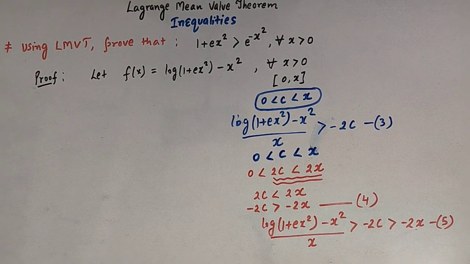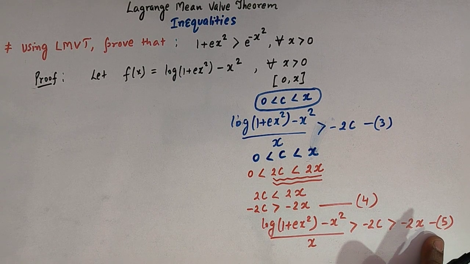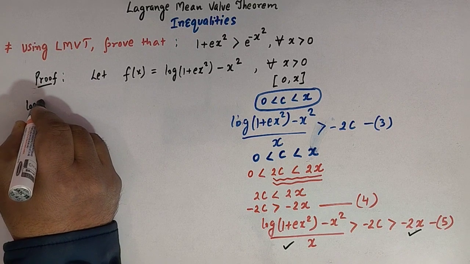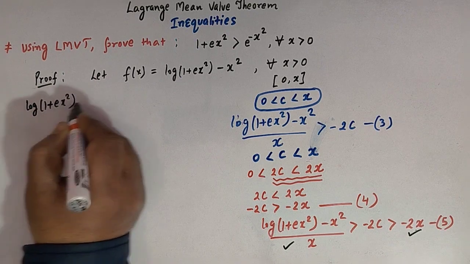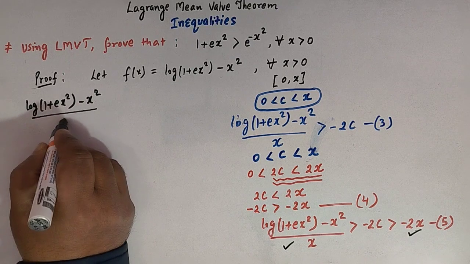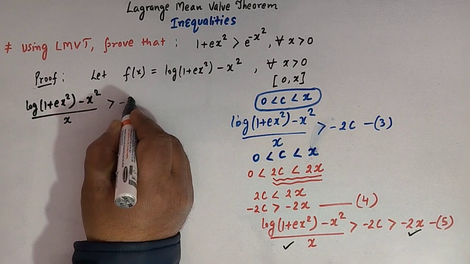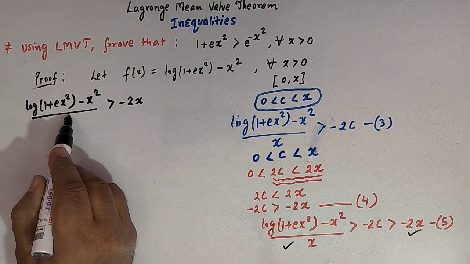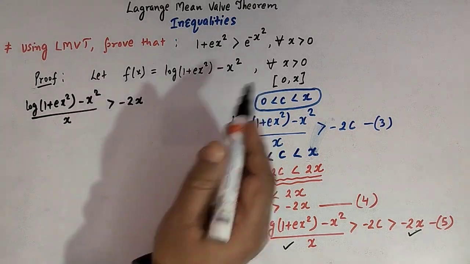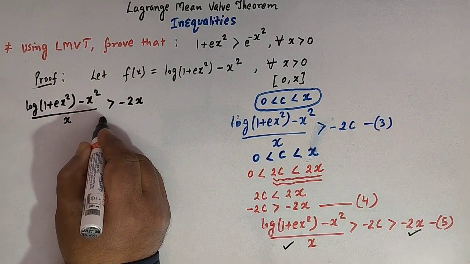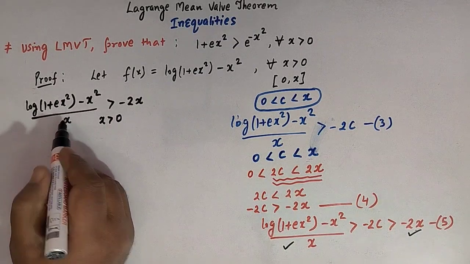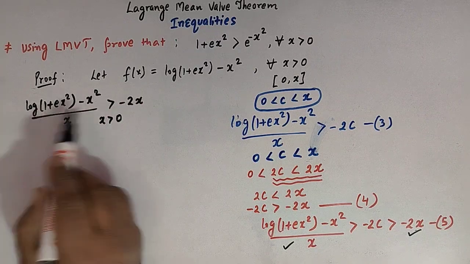So now we'll take this inequality number 5, and here we'll take these two expressions. So now we can write log of 1 plus e^(x²) minus x² divided by x is greater than minus 2x. Okay, so now see here in the denominator we have x, and we have already assumed that x is greater than 0. So we can now easily get rid of this x by multiplying both sides by x.